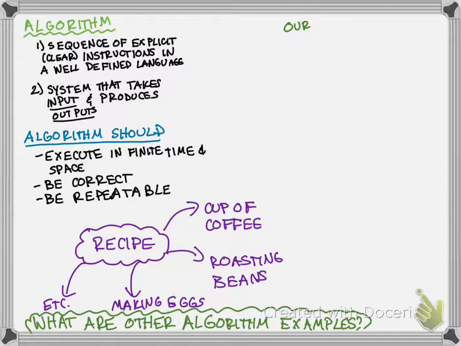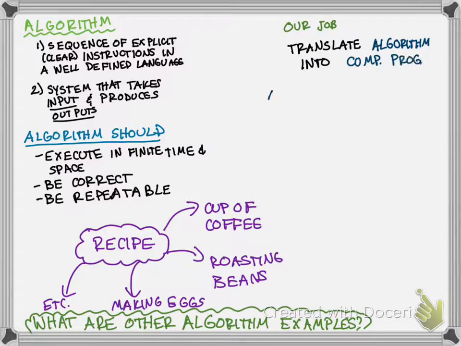So how does this fit into this class? Our job when we are using computer methods is to translate an algorithm into a computer program. If I want to draw this a little more pictorially, I have an algorithm and it's going to become source code and then it's going to become executed.